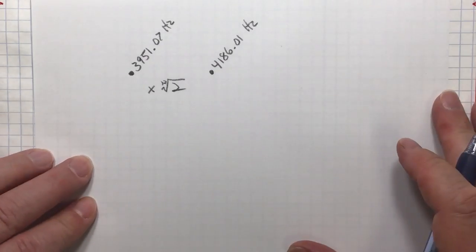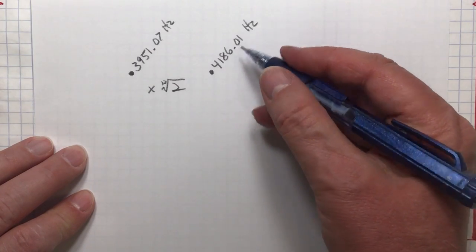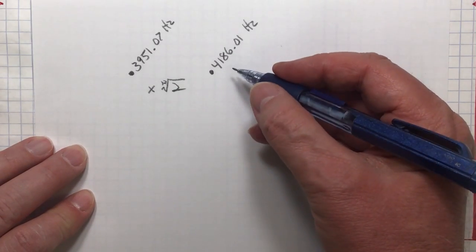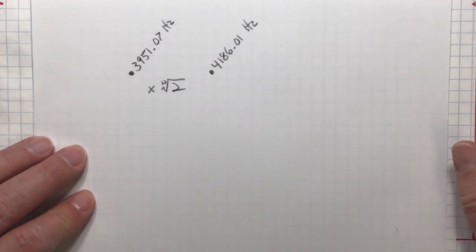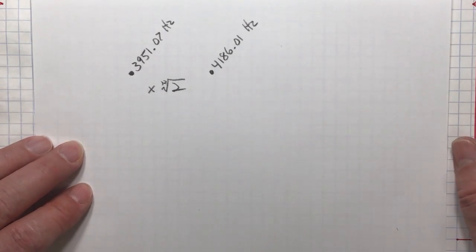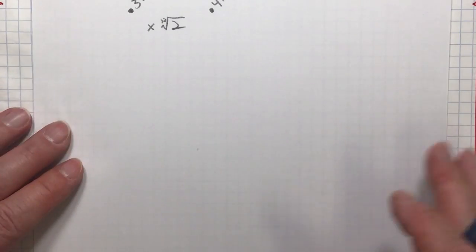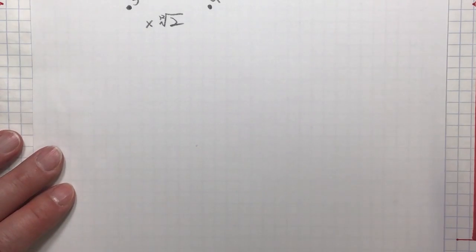Or do the opposite. Divide 4,186.01 by the 12th root of 2 and get 3,951.07. So, the distance between any 2 adjacent points of sounds is the same.